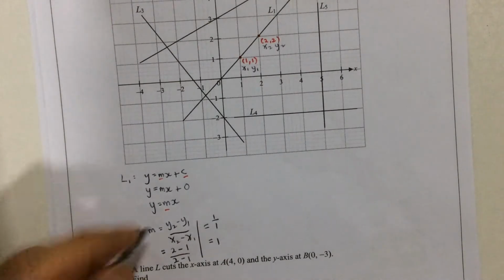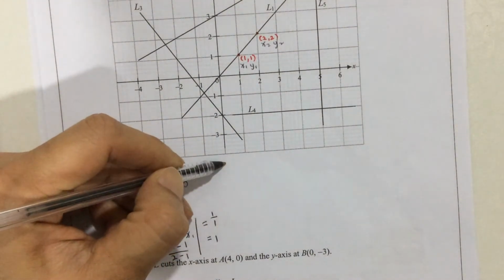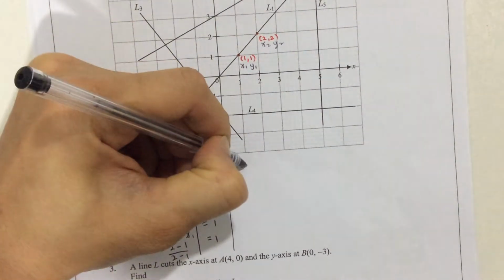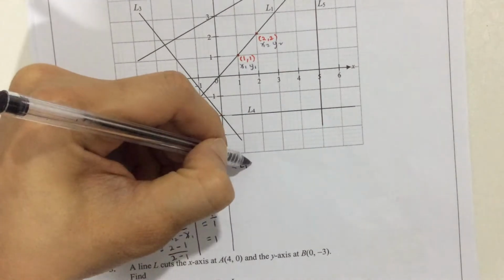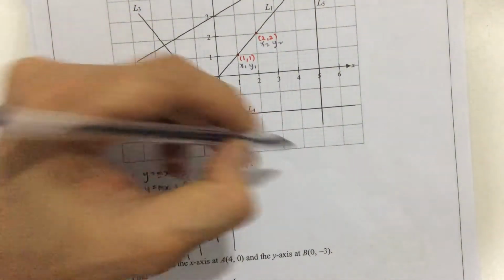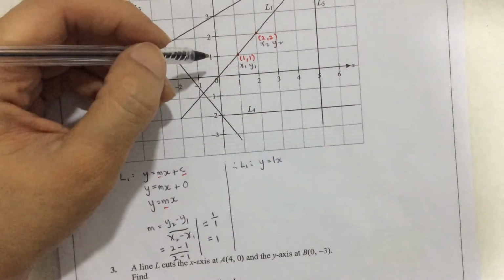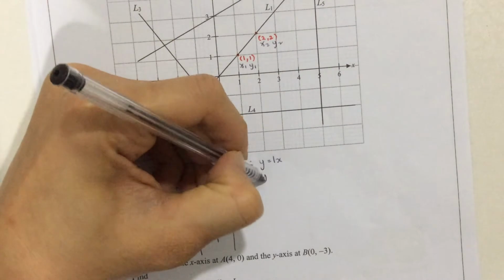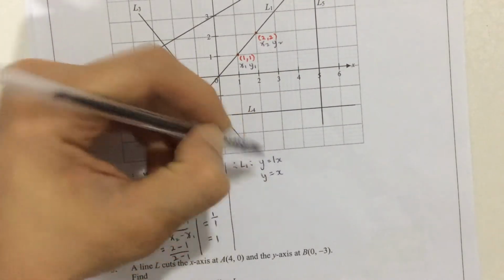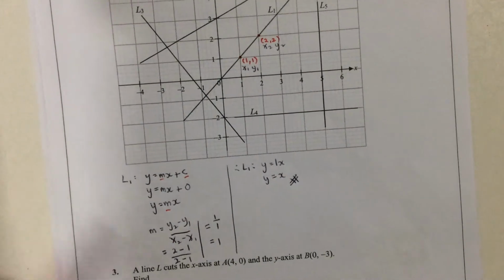That means my line 1 is going to be y equals 1x. 1 times x is just x, so this is the final answer for line 1.